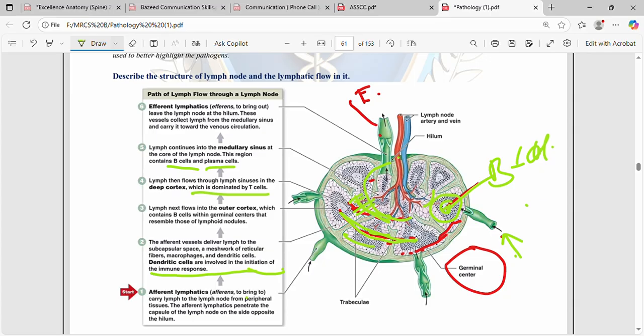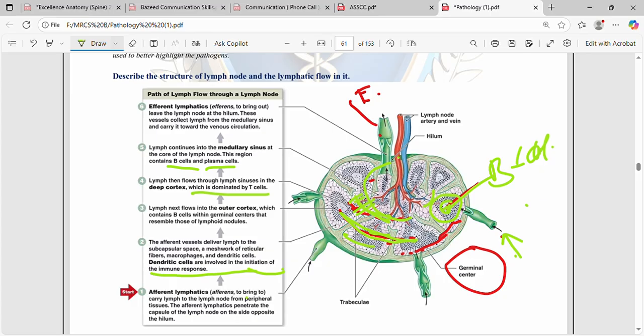Then the efferent vessels will take it out of the lymph node to the lymph vessels, and then it will ultimately drain into the veins. So this is a short summary, because I was finding it a bit hard to remember the places, like where is the plasma cell, where the T cells, where the germinal center.